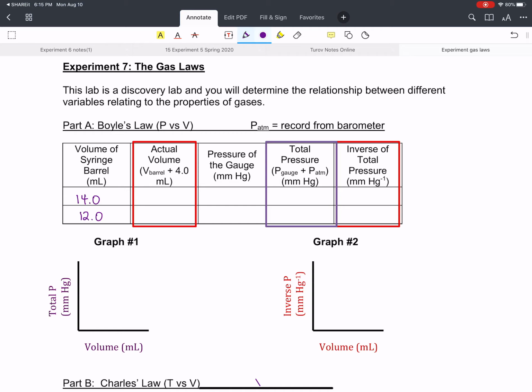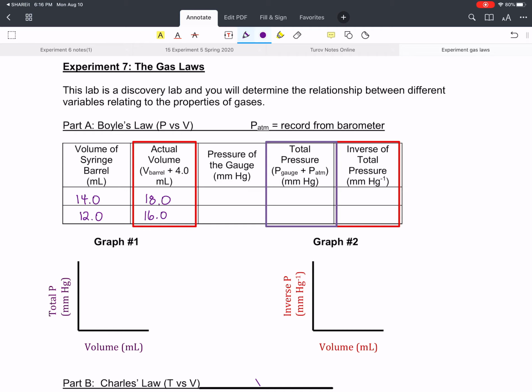The actual volume, we have to account for the fact that there is an amount of air that's trapped between the syringe and the pressure gauge. So we're going to add 4 milliliters to get the actual volume. So for this one it's 18, for this one it's 16. You'll also take this into account if you do any calculations with the graph that you obtain.